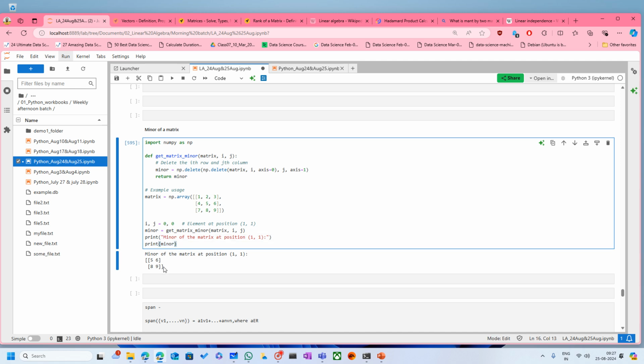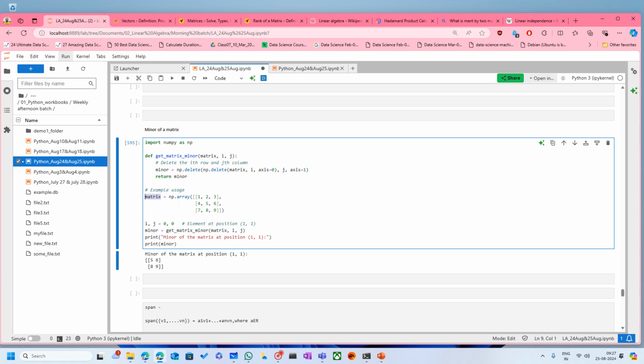Now because this minor is 2 comma 2, clearly you can say the rank of this matrix is 2. We will see how to calculate the rank as well.